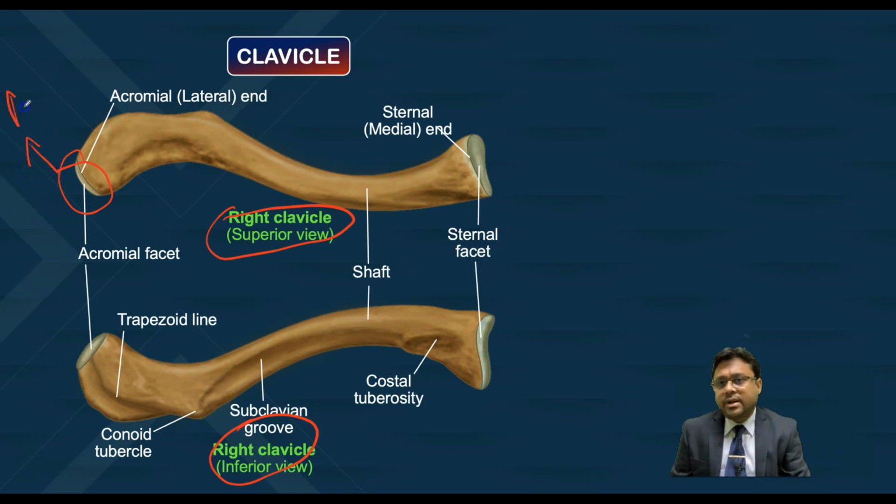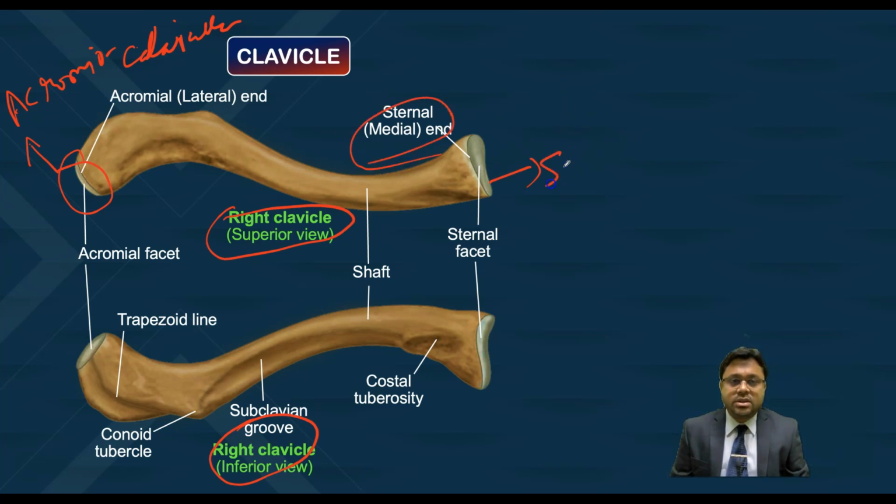Know the name of the joint: acromioclavicular. So, the acromioclavicular joint, and this one is the broader end, named the sternal or medial end, that fits or articulates with the clavicular notch of the sternum.